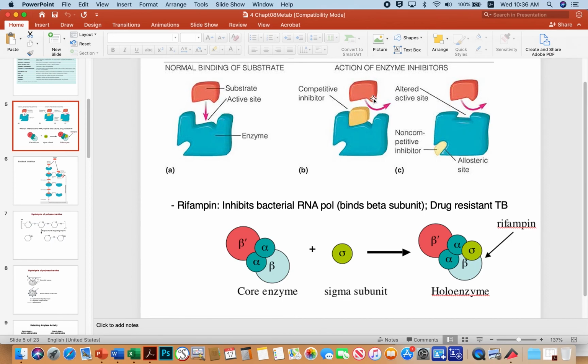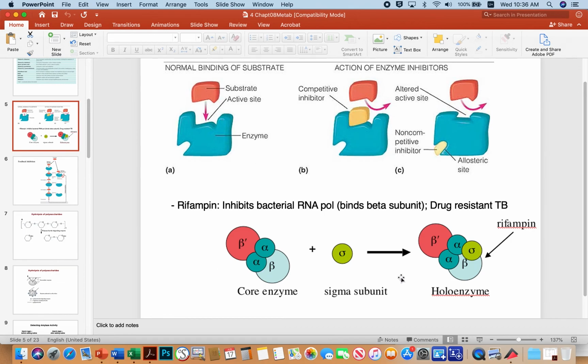That would, again, alter the outcome of the enzymatic reaction. Conversely, a non-competitive inhibitor will bind to this extra little site here called an allosteric site that changes the active site and disallows the substrate from being processed. So we've got competitive inhibition and non-competitive inhibition.